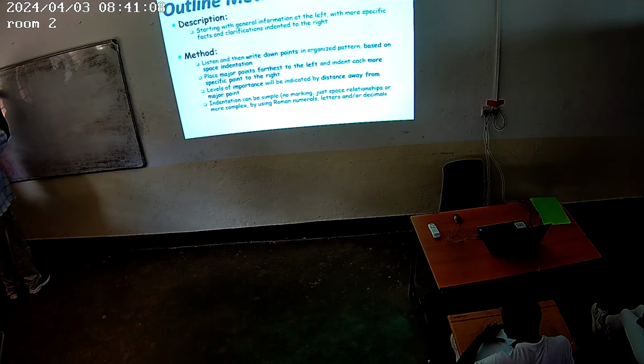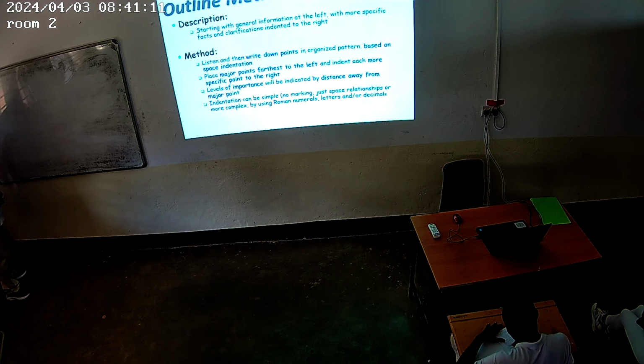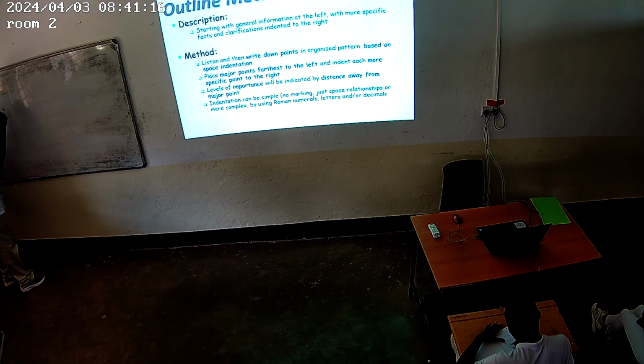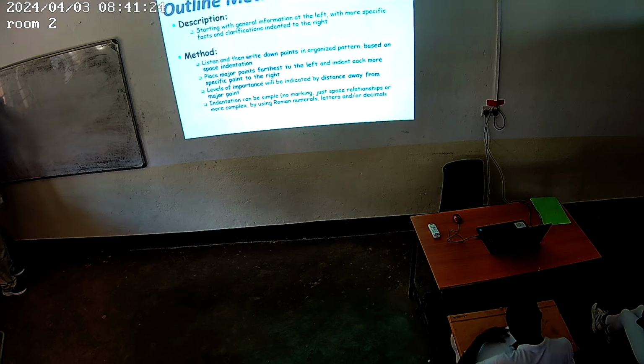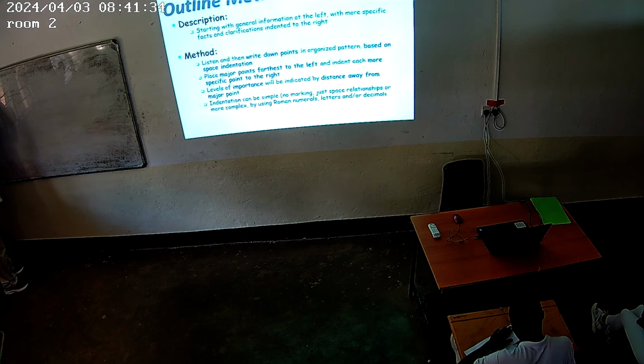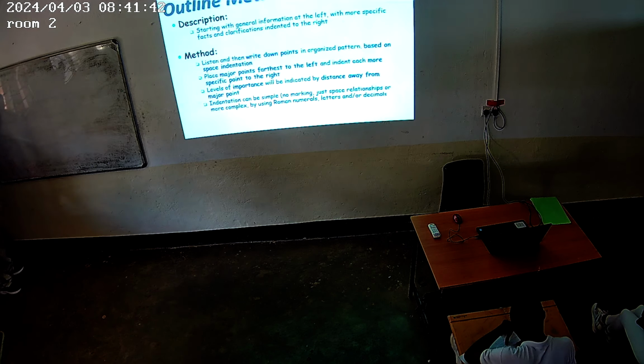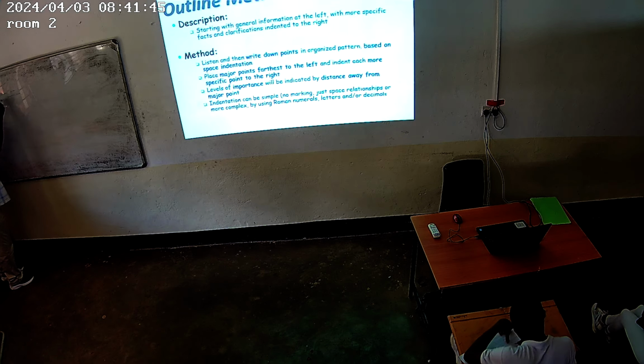You have a major point there, and then a sub point there, and a sub point there. So the major point is here, and then you have pushed it in for a sub point, and then you are pushing it in again for another sub point. So let's say that this is 1. Then this one, if you want, would be 1.1. This one will be 1.1.1.